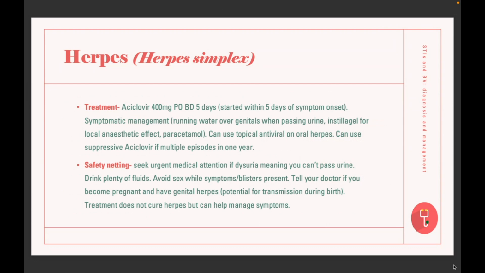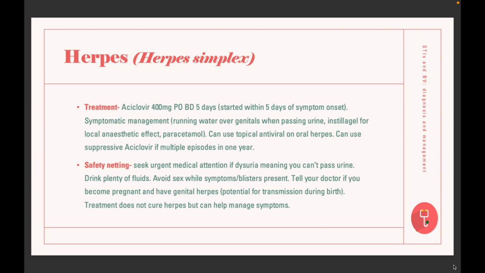That can be very helpful, and paracetamol. You can use a topical antiviral if you've got oral herpes as well, and you can use suppressive acyclovir if you get multiple episodes in 1 year, and that can either prevent you from getting more reoccurrences, or if you do, it can make them shorter and less severe.